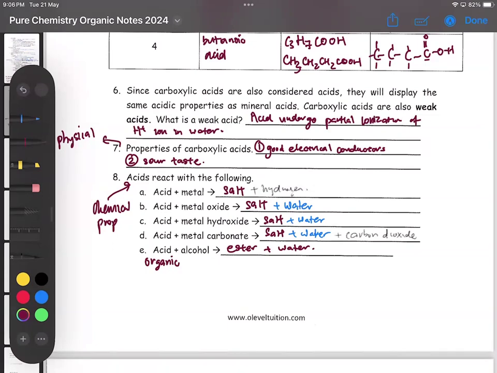So normally I will not want to commit to the color change of litmus for physical properties, so I'll try to avoid that. My two strongest answers for you for physical properties are these two. These two are always correct.